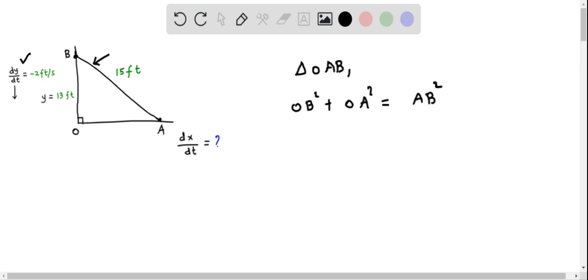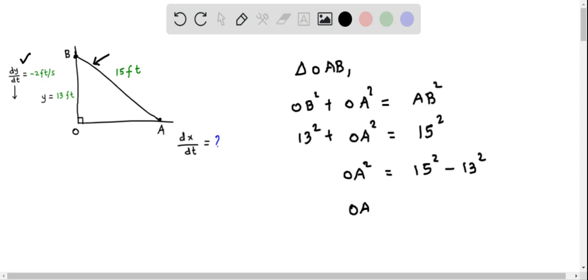OB is the distance of the top of the ladder from the ground, which is 13 feet. So I put 13 squared plus OA squared, which we have to find, and this equals AB squared, which is 15 squared. So let's determine OA by subtracting 13 squared: OA squared equals 15 squared minus 13 squared.